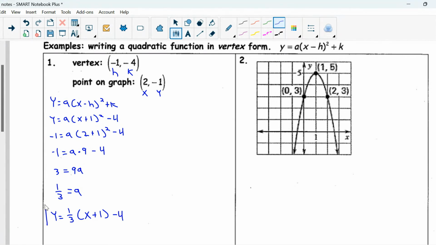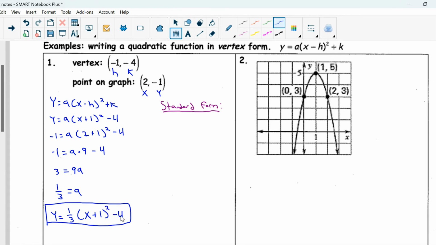So this right here is my quadratic in vertex form. Lots of these problems will also want you to write it in standard form. Sorry, I forgot my squared.